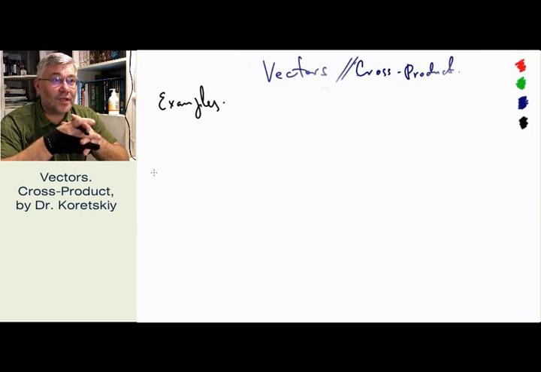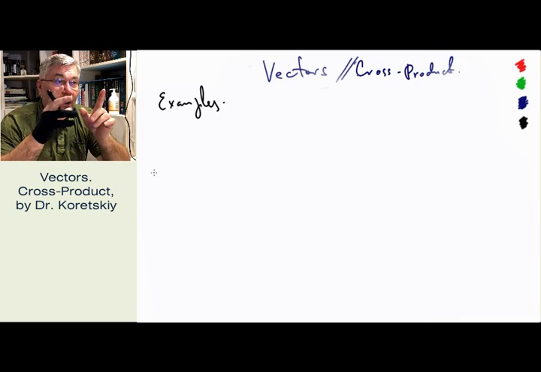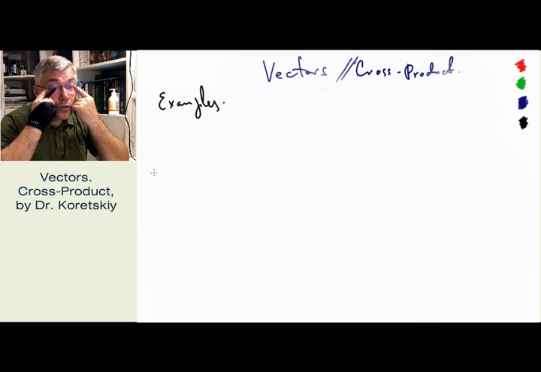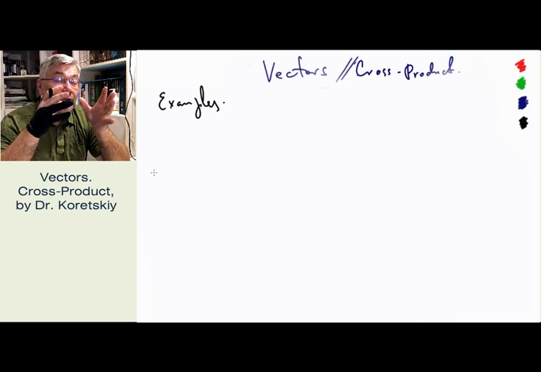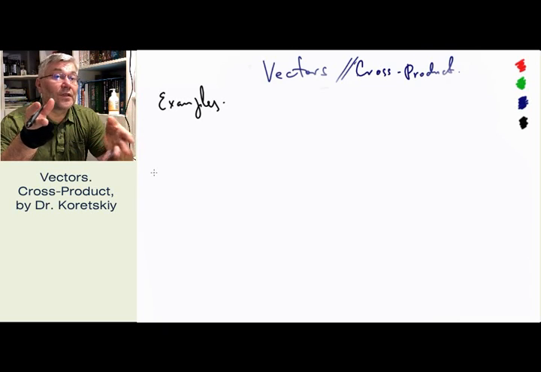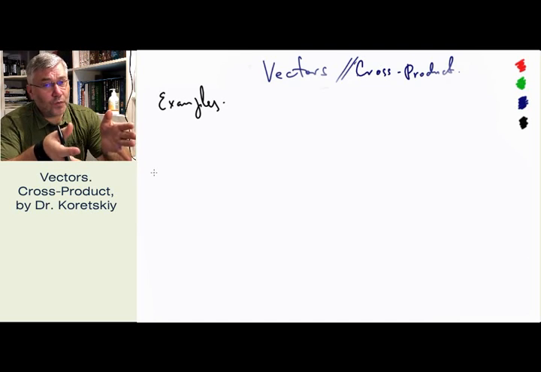In Russian tradition, as I said before, we use the term vector product because the result of this product is a vector. So here you can notice some differences between dot product and cross product. Dot product gives a scalar number, and a cross product gives you a vector.